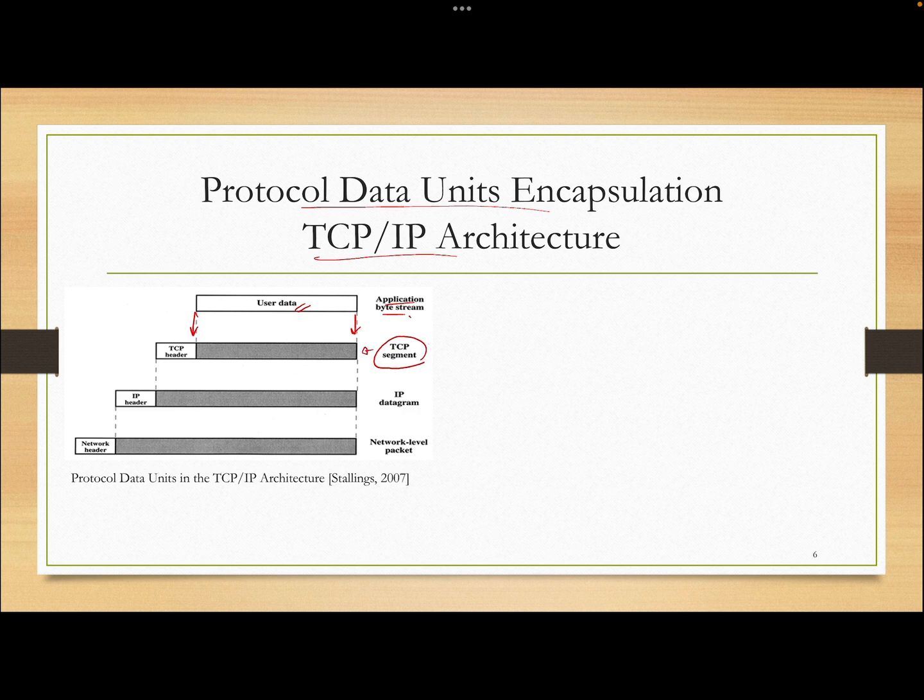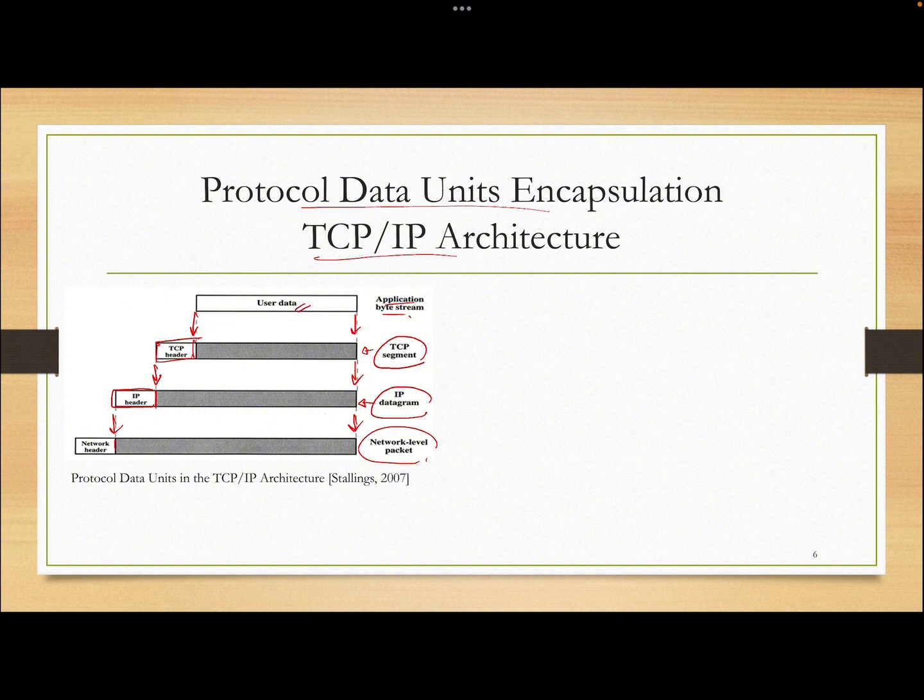The TCP segment is the user data added with the TCP header. Then the whole thing goes down to become data of the IP datagram, so you add a header and it becomes an IP datagram, with the header of the IP. And then you have the network level packet, so you add the header of the network layer.